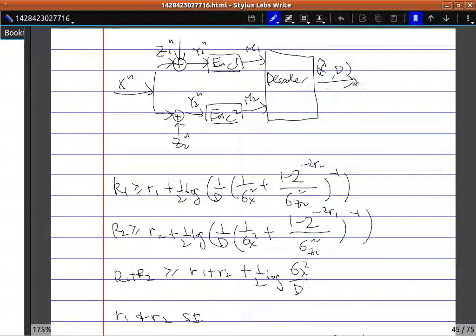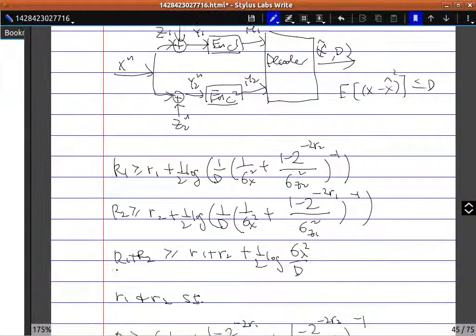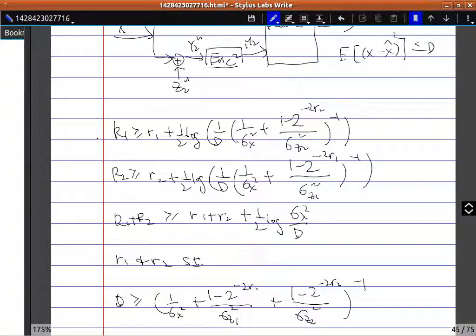So if I have a fixed distortion D at the decoder, let's say we need to make sure that the distortion between x and x hat is less than or equal to D, then the required rate will need to at least satisfy these constraints here.